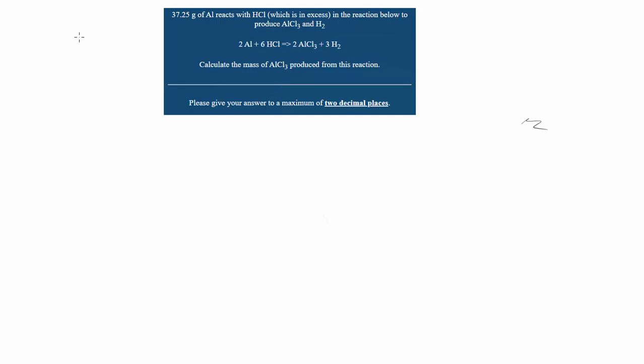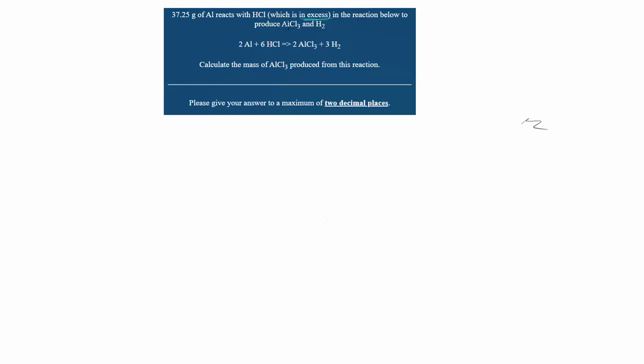And we've been told that 37.25 grams of Al reacted with the HCl, and that the HCl is in excess. Because the HCl is in excess, we know that it is not the limiting reagent in this reaction. It's not the thing that will limit the quantity of AlCl₃ that's produced. The thing that will limit the quantity is going to be the Al.